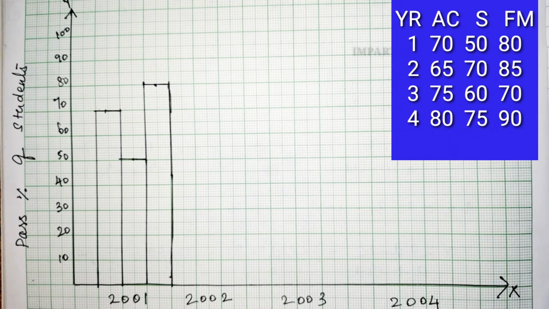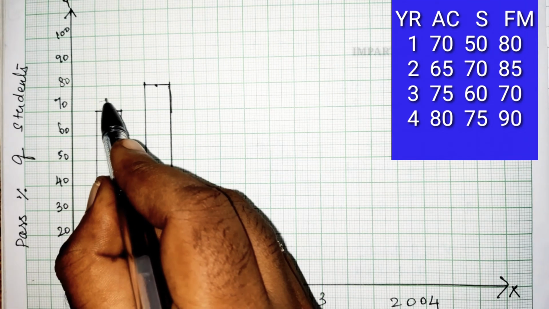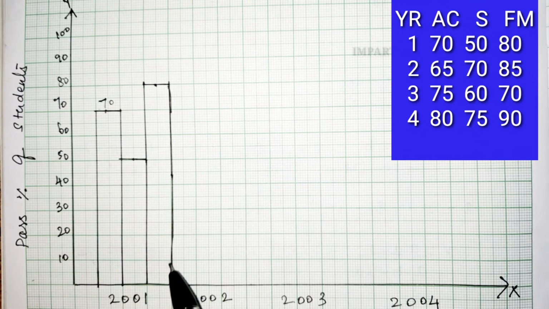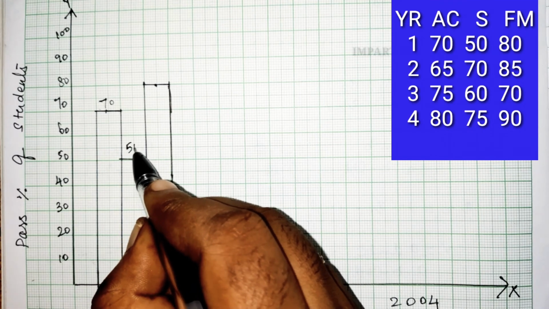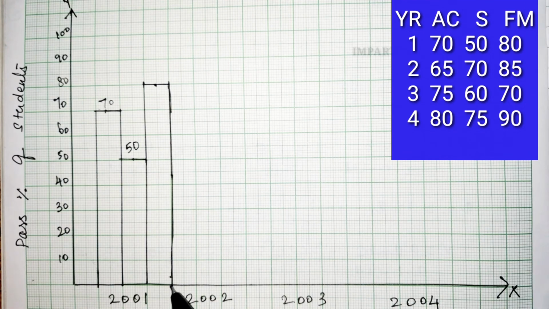For the year 2001, pass percentage for the accountancy is 70, statistics is 50, and finance management is 80.